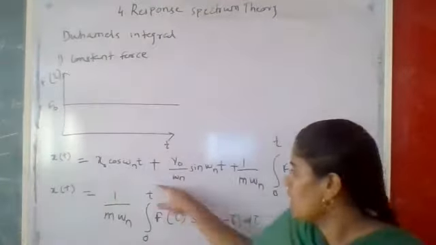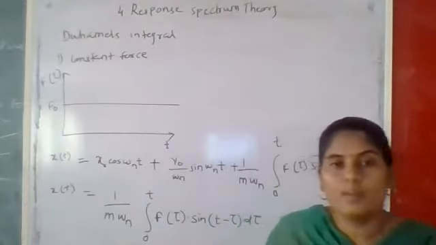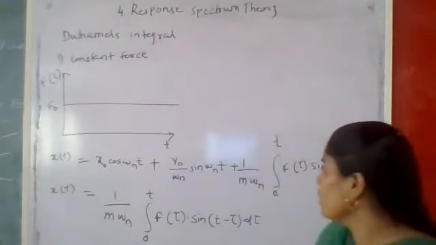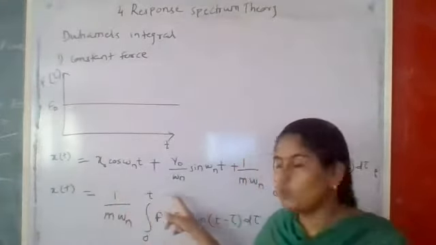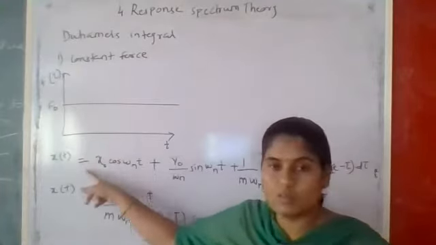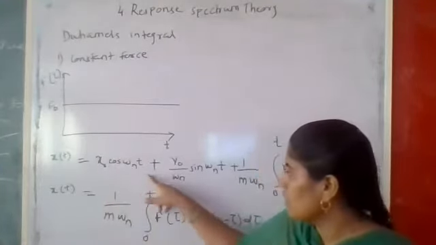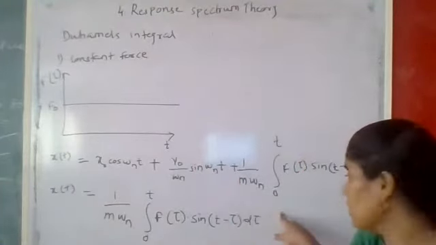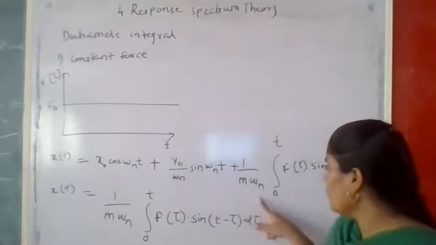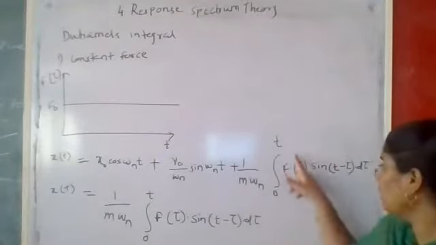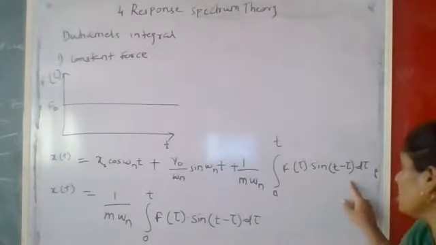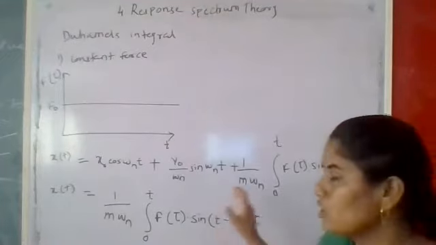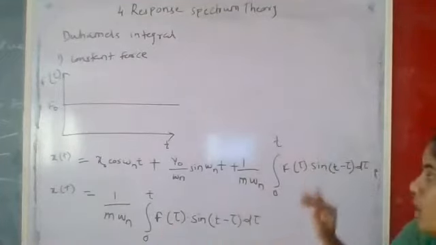The first part is related to the undamped free vibration system, whose derivation we saw in Unit 2. The Duhamel part is 1 upon m omega n into the integration from 0 to t of f of tau into sin of omega n into t minus tau d tau. That is the total Duhamel's integral, based on the free vibration and the force.